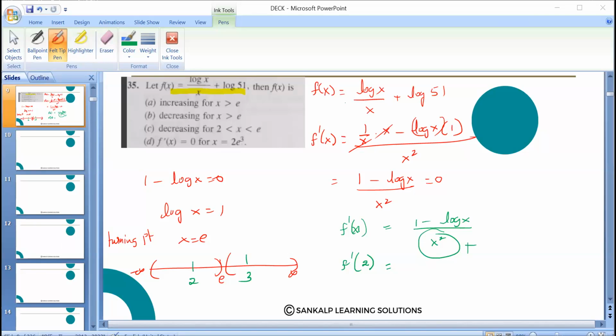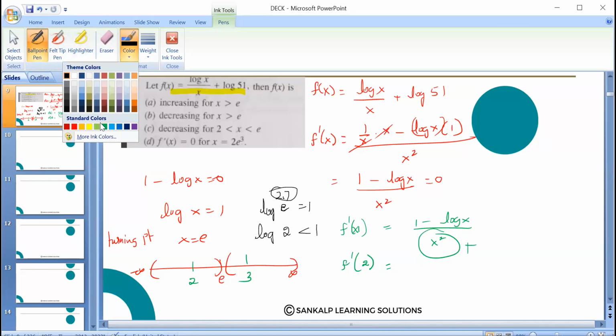You know why? Log of e is 1. e is 2.7. So if you take less than e, if you take 2, it will be lesser than 1.